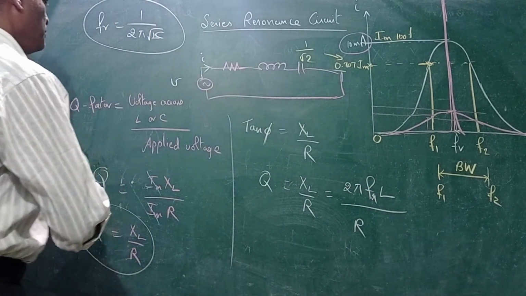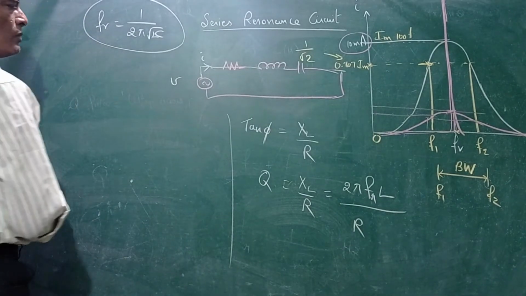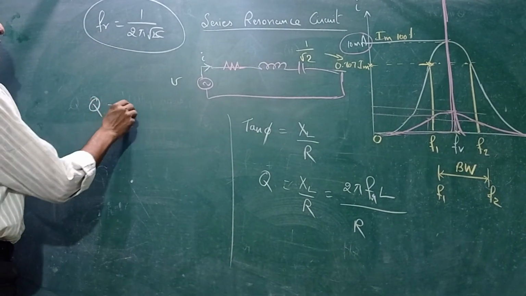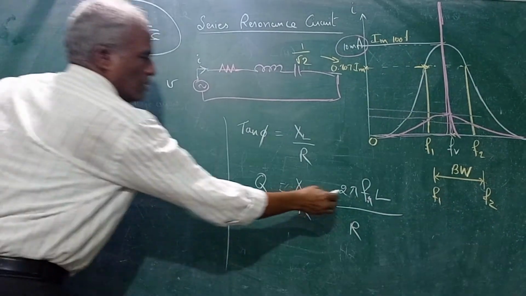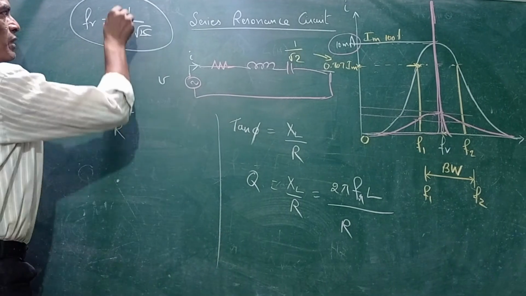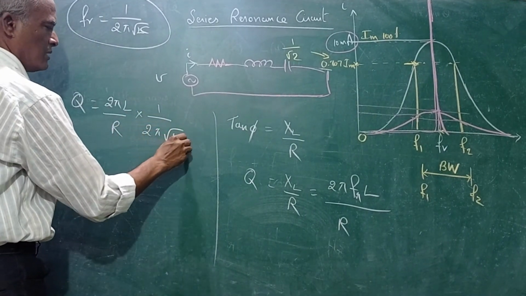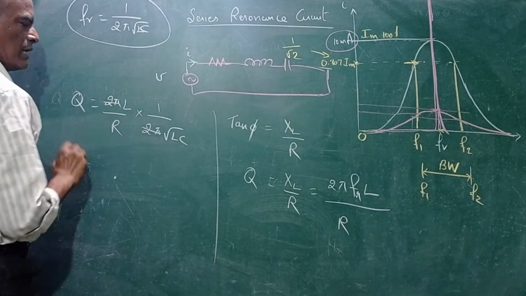So what will happen? Quality factor is equal to 2 pi, bring this L forward, by R. Then you have FR, which is 1 by 2 pi root LC. This 2 pi and 2 pi get cancelled.